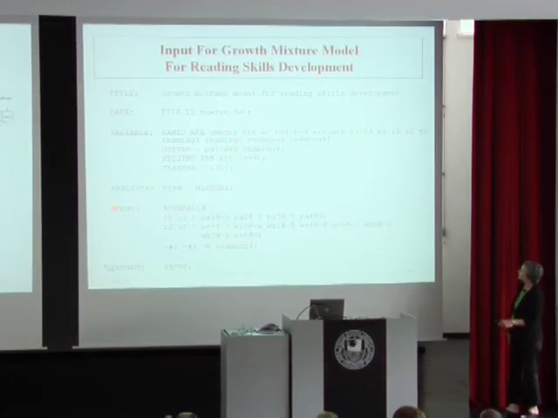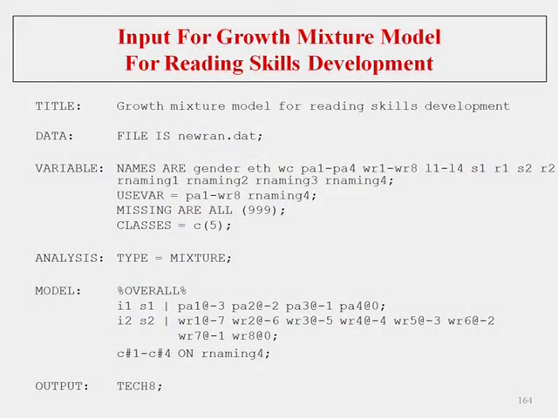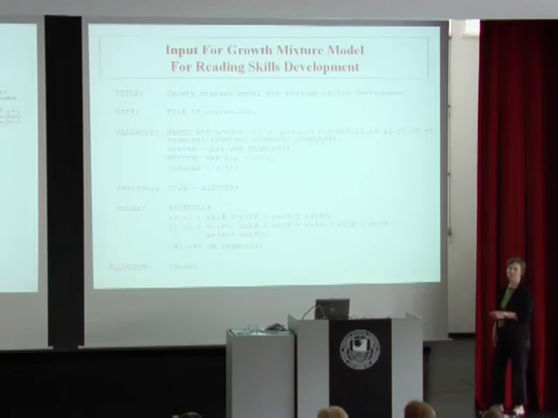So we'll just focus on the model command because I don't think there's anything else that's really new. So now we have 2 growth curves to specify. So we have I1, S1, that's the kindergarten growth curve. And what we're doing here is we're centering. You notice that the last time score at the last time point is 0.